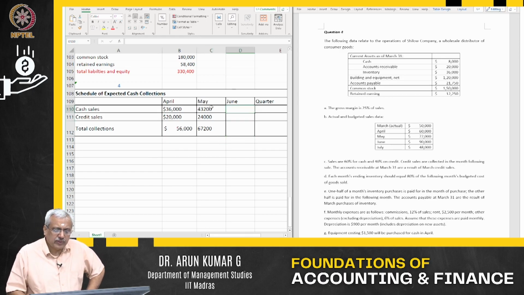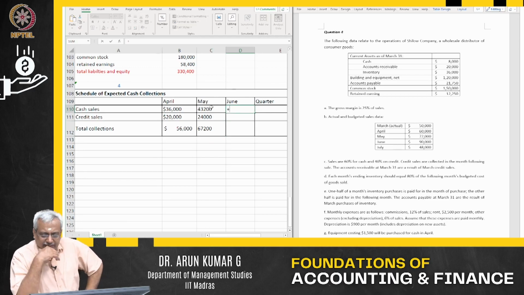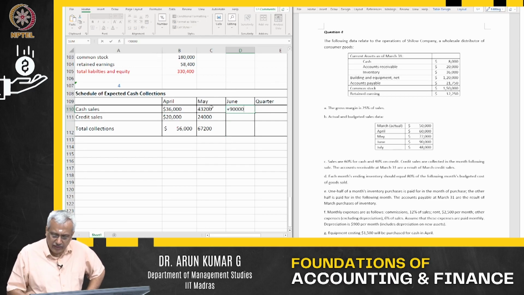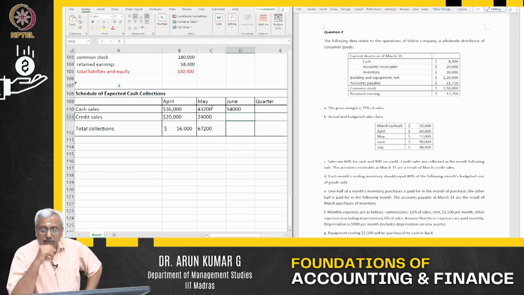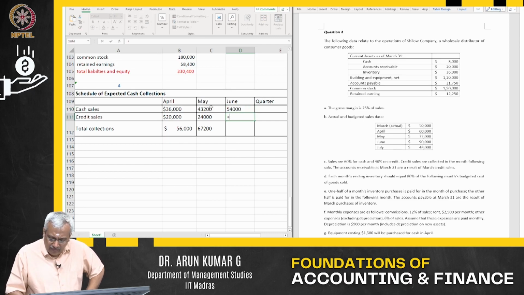Let me move to June. What are the sales of June? Sales of June is about 90,000. 60% of it I will collect in the month of June. 40% of the sale of the month of May is what I am going to collect in June. So, this is the collection I have.